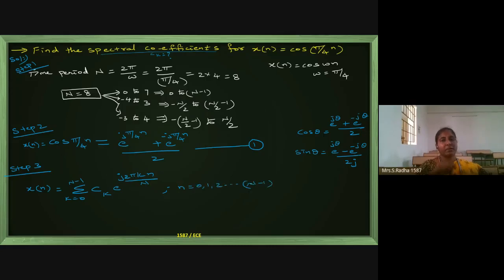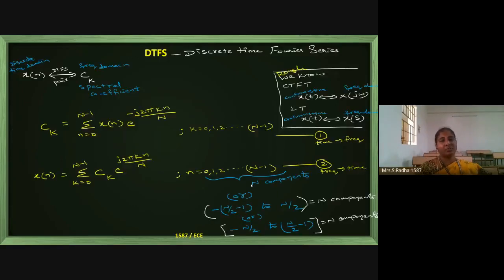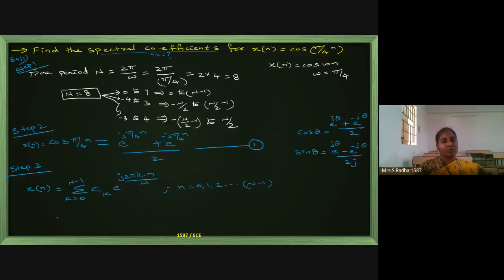Capital N is the time period, we know. In the formulas I am using equation 2, which is the frequency domain to time domain conversion. Now we already know we can take the summation limits by splitting it. So I will take it from minus 3 to plus 4, Ck e power j 2 pi kn.